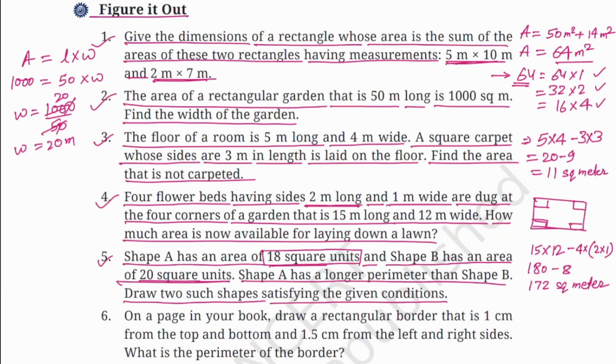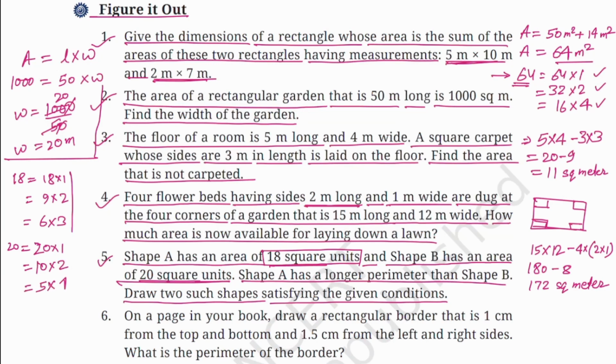The probable sizes for the first shape could be 18 into 1, 9 into 2 and 6 into 3. And probable length and width for the second shape with area 20 square units can be 20 into 1, that is 20 length and 1 width, 10 into 2, 5 into 4.